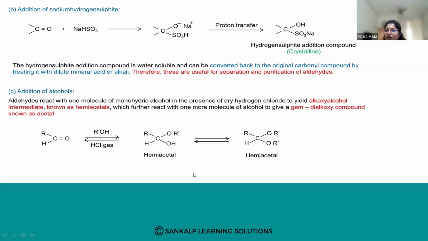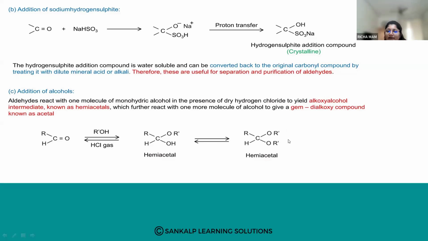So we are adding alcohol. When you add 1 mole of alcohol, you will get a hemiacetal. When 1 more molecule of alcohol reacts, you are going to get acetals. So hemiacetal is only one, and acetals means you get both.